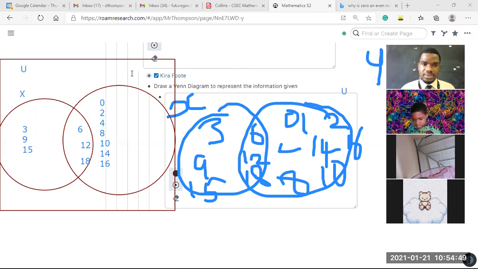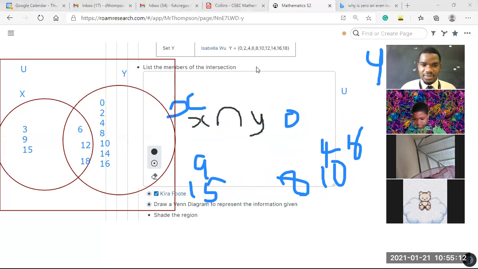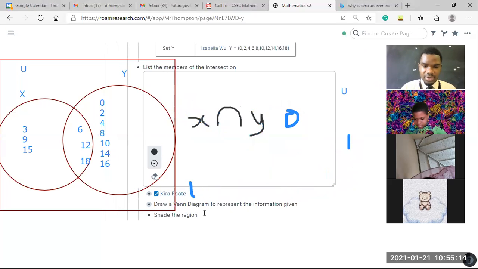Let's put Y. Last question says, shade the region of X intersection Y. Sir, can I erase my drawing, please? Yes, you can erase it.